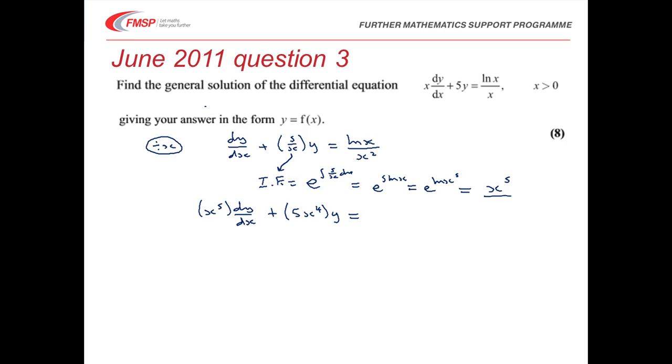And don't forget to multiply the right hand side by x to the power 5 to give us x cubed ln x. And if you look at this left hand side, the derivative of x to the 5 is 5x to the 4, so the left hand side can be written as the derivative of a product, and that product will be x to the 5 times y.